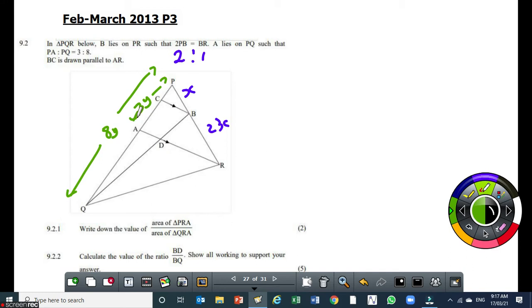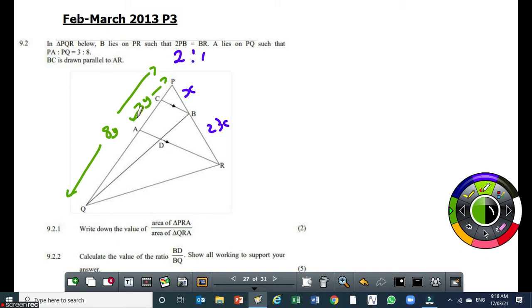9.2.1 is going to be easier to answer because I put my constants, the length in terms of x and y using the ratios and the concept of the constant. So the question says write down the value of the area of triangle PRA to the area of QRA, those two.